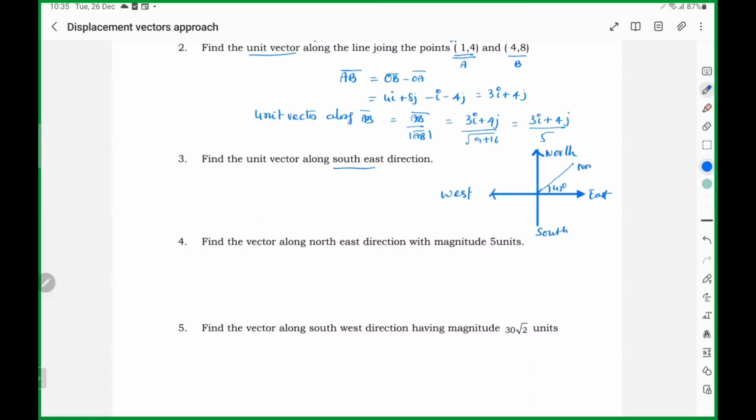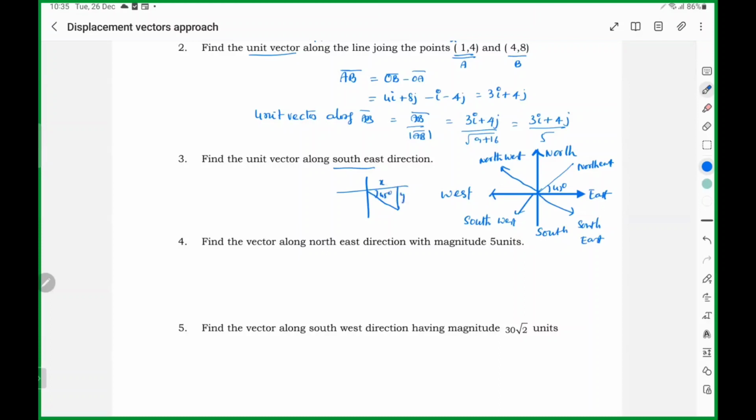This is the northeast. Here it is northwest. Here it is southwest. Here it is southeast. So southeast means finally we require this direction. So here it is 45 degrees.